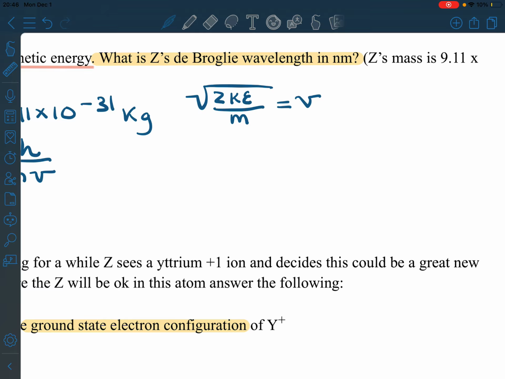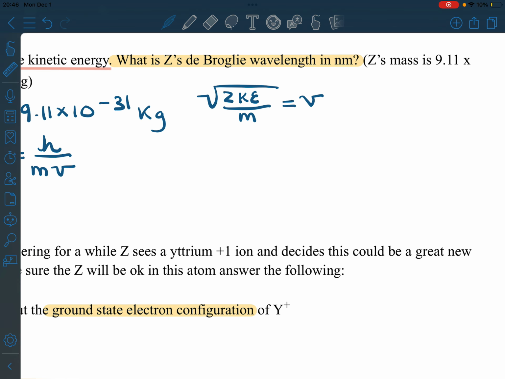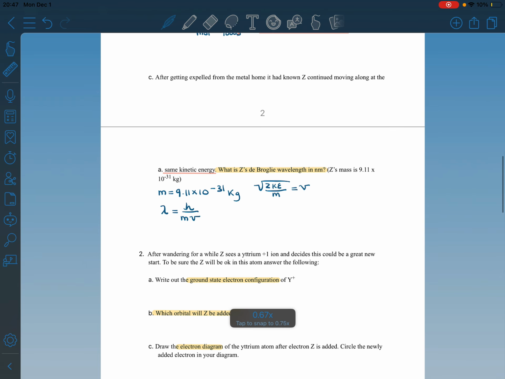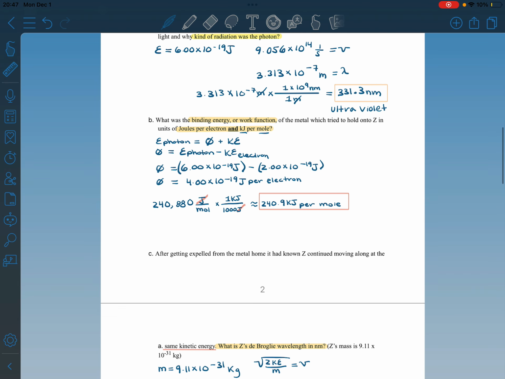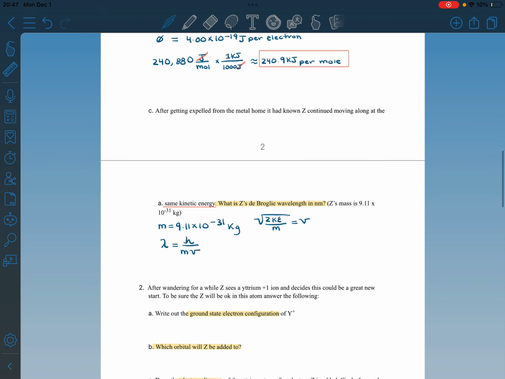So now we can go ahead and solve for velocity. What I'm going to do is the square root of 2 times KE. KE is given. Let me write this a little bit neater. Same kinetic energy. I forgot that value. Where was it? Okay, KE is given.